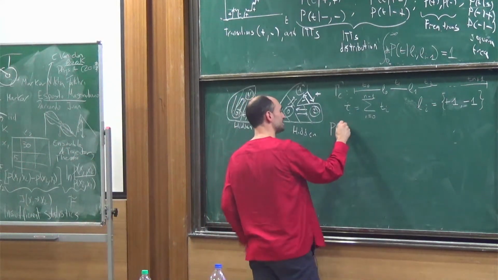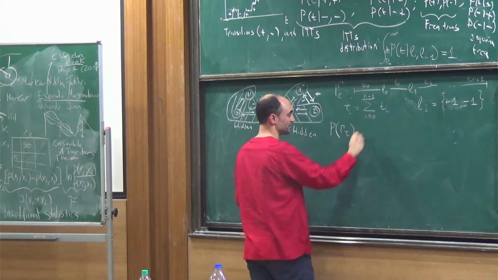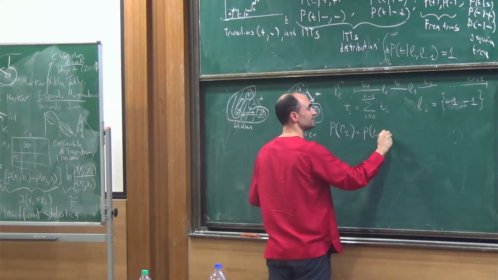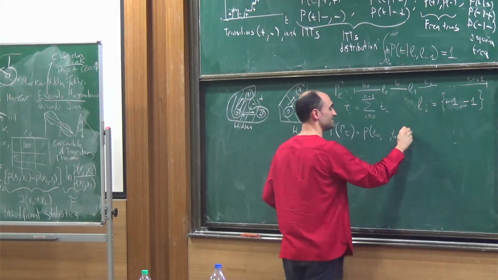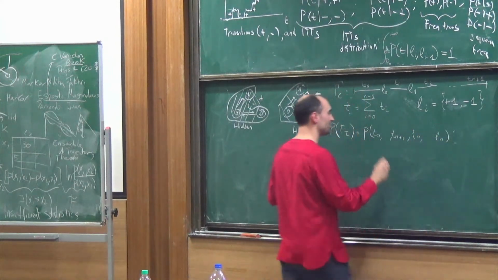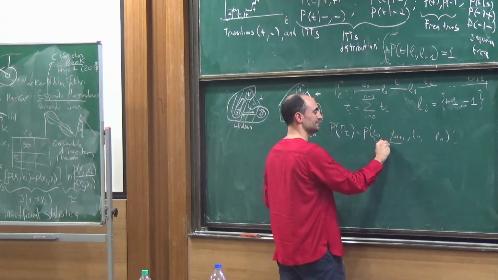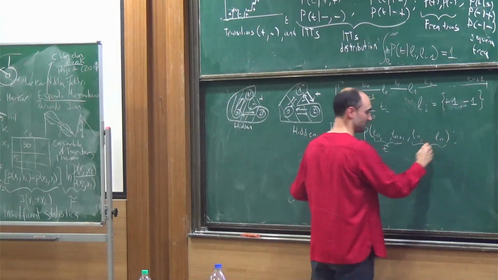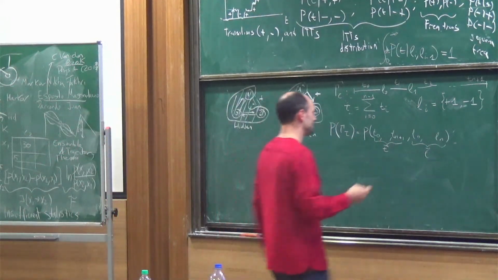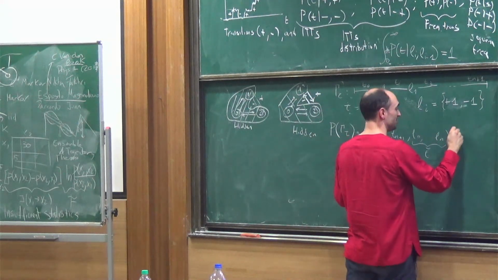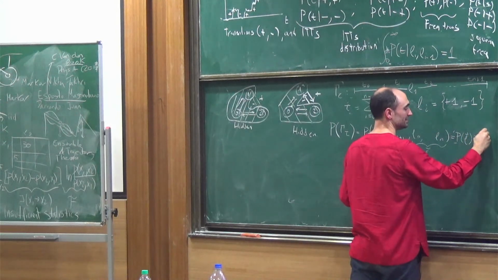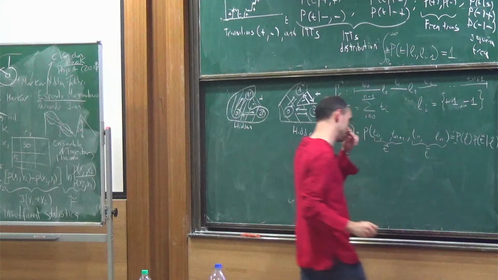This will be the probability of times t0 to t_n plus 1 and transitions L0 to L_n. I will call this the vector t, and this the vector l, for simplicity. One can show with Bayes' theorem that this will be p of vector l times p of vector t given vector l. This is simple to show.